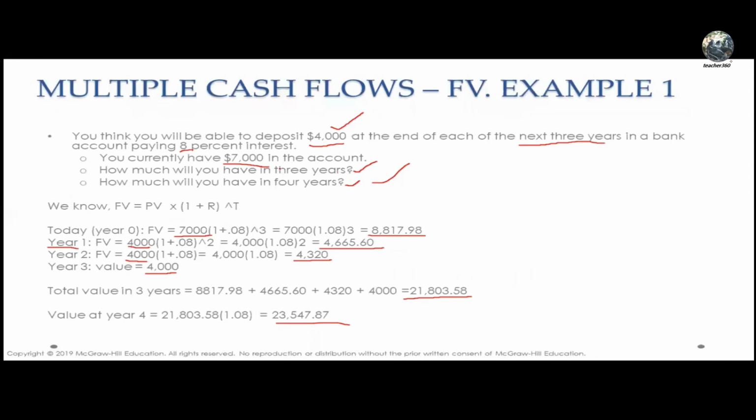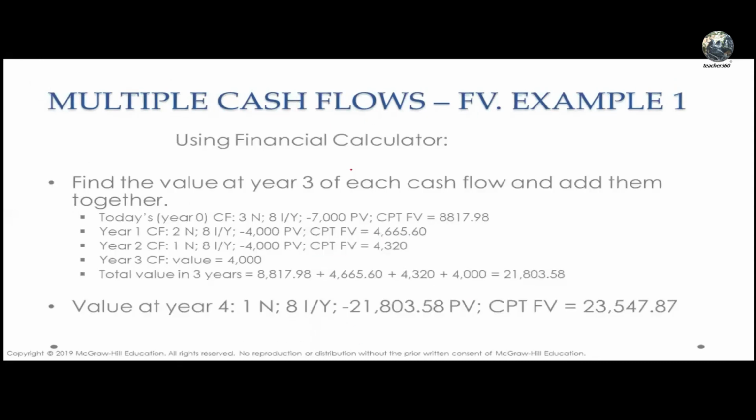How much will you have in 3 years? At year 0, you have 3 years remaining. So your N is 3, your interest rate is 8%, and your present value is $7,000. We have shown a negative sign before the present value because it is a cash outflow.